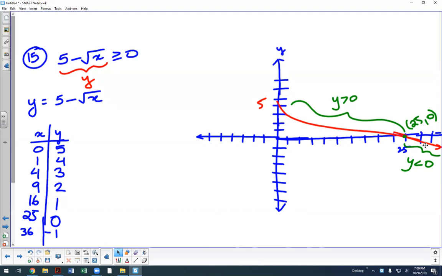But if you put 25.00001 in a calculator, you're going to start looking at negative y values. Because, of course, the square root of 25 gives me 5, 5 minus 5 is 0, and this is where all my positive numbers stop and I start heading into negative. So, yeah, that's your solution set.